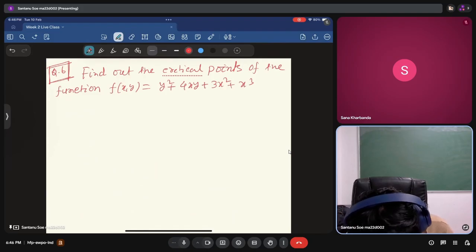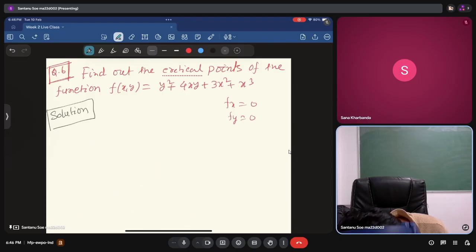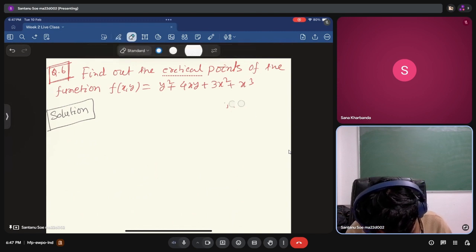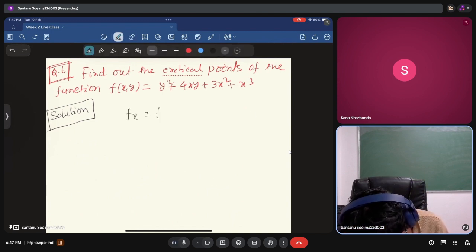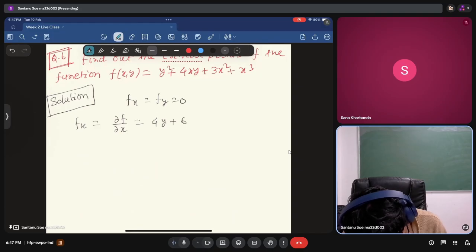Okay. So critical points mean we have to put fx to be 0, fy to be 0, and then we have to find out the solution. And those points will be nothing but the critical points. So f_x is nothing but del f by del x, which is 4y plus 6x plus 3x square.